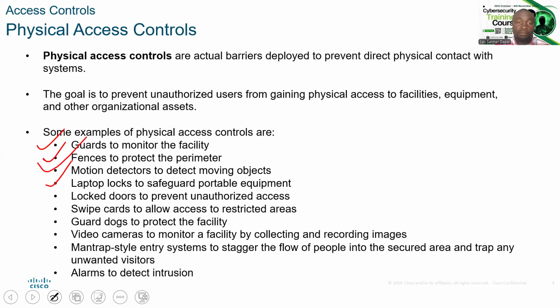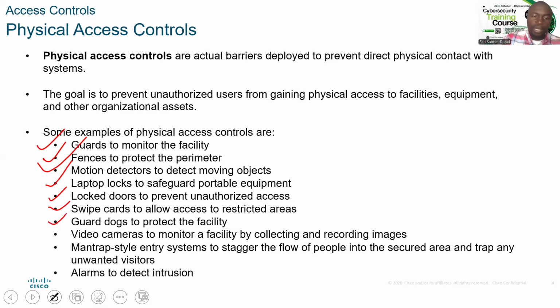There are desktops, servers, and laptops, and you can lock them to your rack so that they cannot easily be taken. Then you have locks on the door to prevent unauthorized access, and this particularly involves, let's say, biometric access. Then you have swipe cards, staff ID cards, student cards, organizational cards that people swipe in order to gain access.